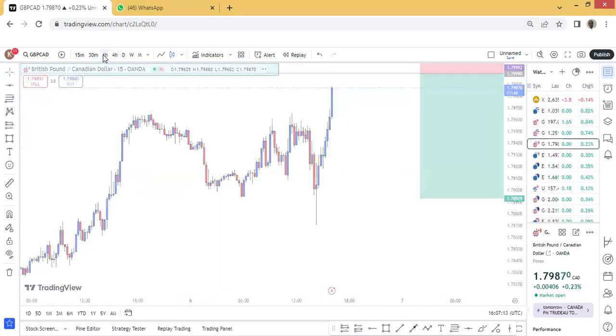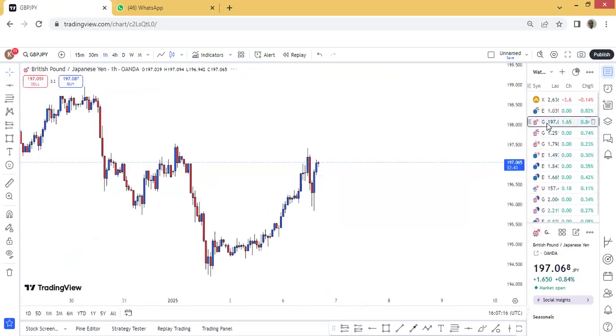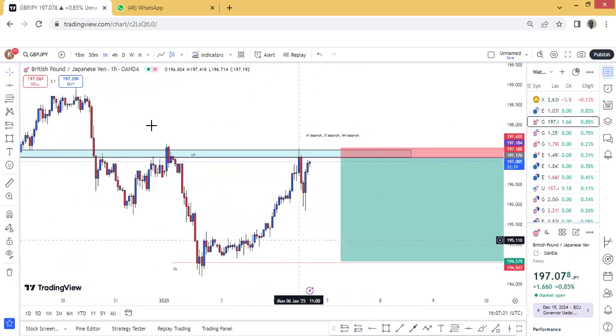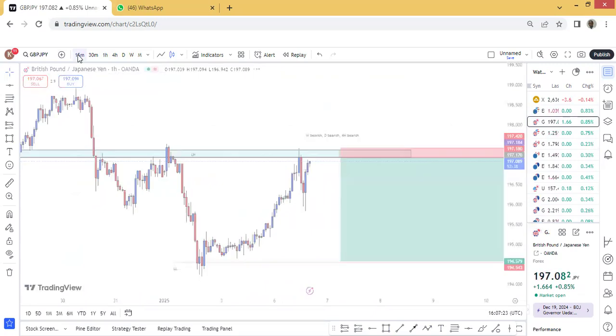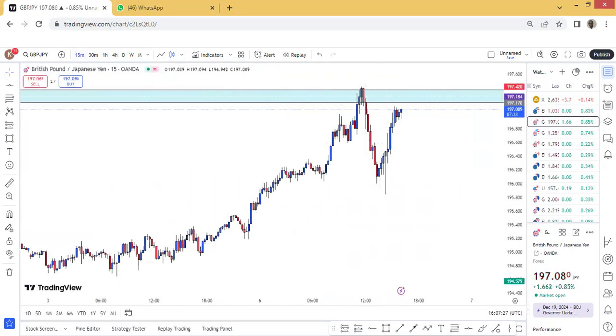So that is that. Now the GJ has come back to the entry. I told you I picked it with a 15-minute confirmation, and this was the candlestick that I used. You see this 15-minute candlestick, this 15-minute engulfing. That is what I picked.